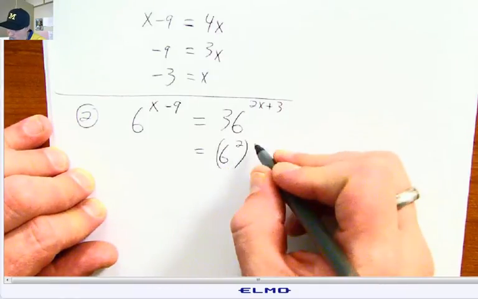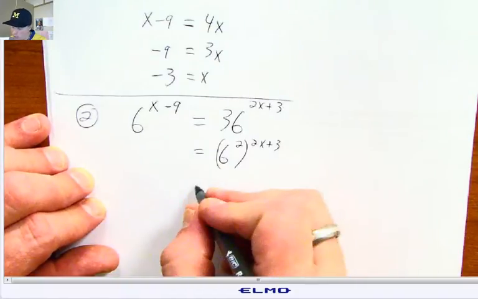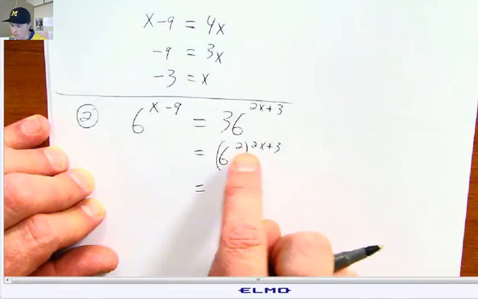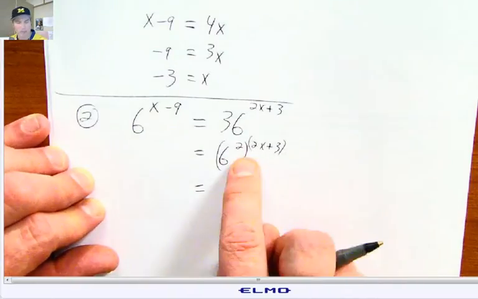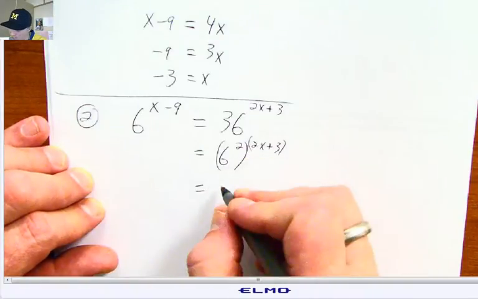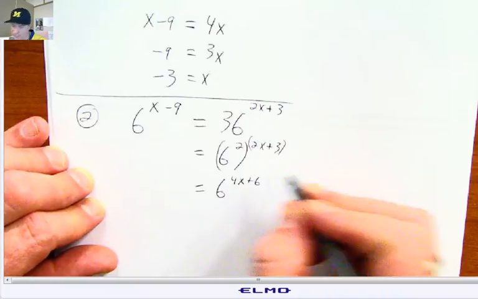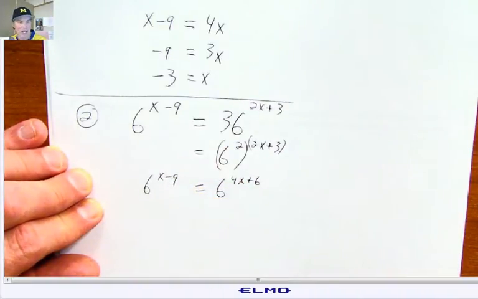Now this 6 squared is being raised to the exponent of 2x plus 3, and then if we apply the power rule to this, we have to kind of distribute. We're multiplying the 2x plus 3 times the 2, and that becomes 4x plus 6. So I have 6 to the 4x plus 6 equals 6 to the x minus 9.